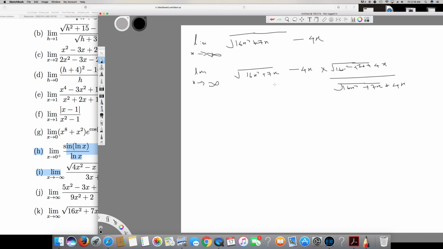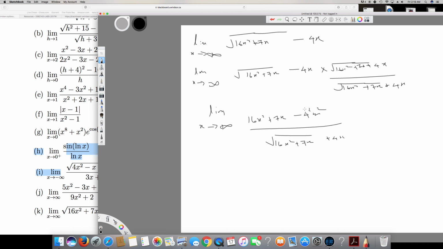So if I multiply, the square root cancels, so it's going to be, as x approaches infinity, 16x squared plus 7x minus 4 squared x squared, over the square root of 16x squared plus 7x plus 4x.